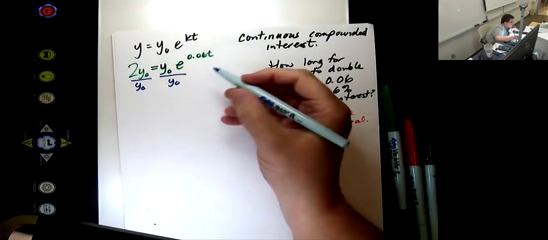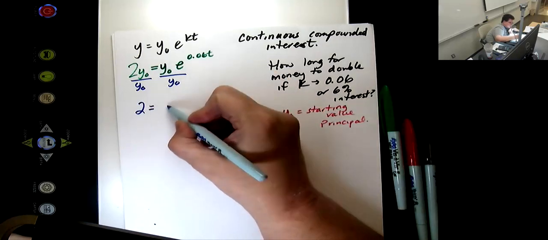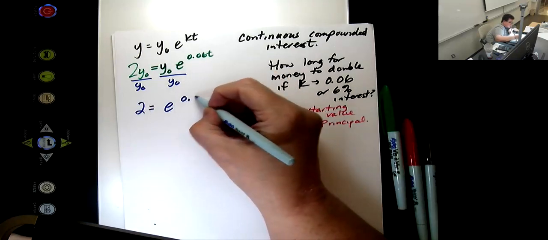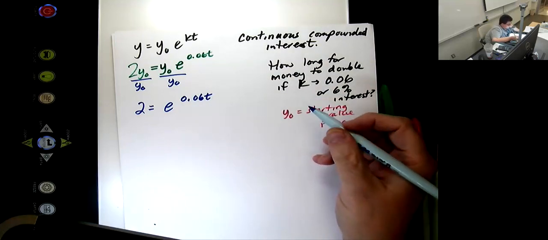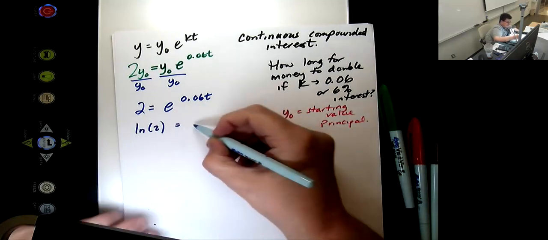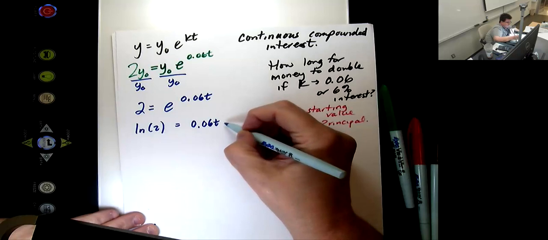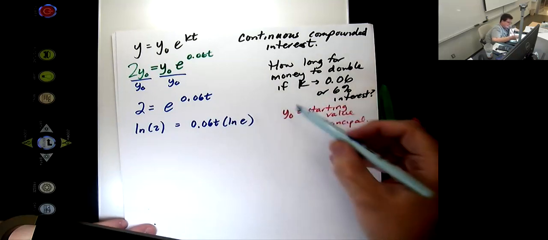The initial investment doesn't set the doubling time because the equation gets down to 2 equals e to the 0.06t. We'll take the natural log of both sides. On the right side, I already just pulled it down.